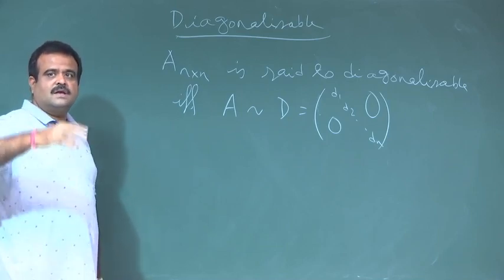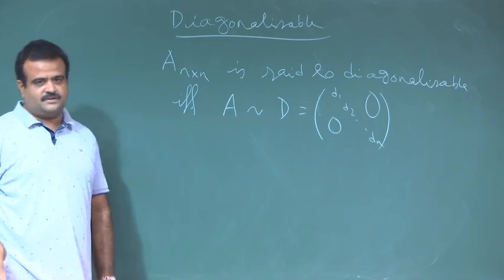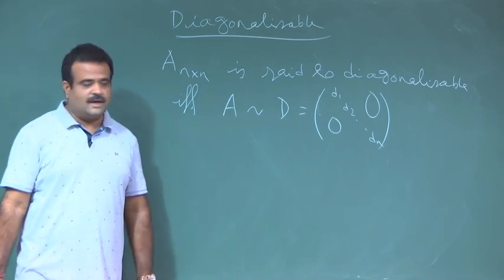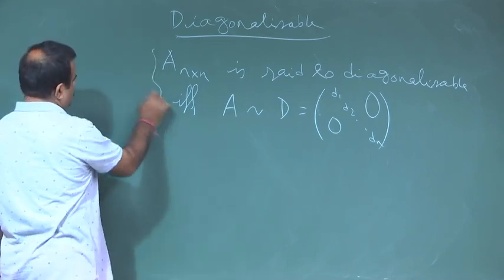So if it is similar to a diagonal matrix, then we call A diagonalizable. This is the definition.